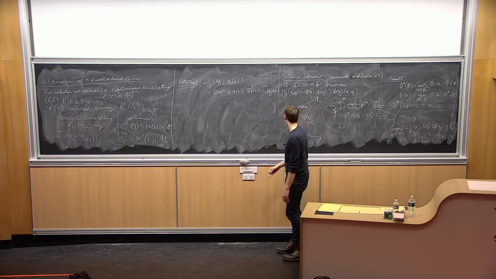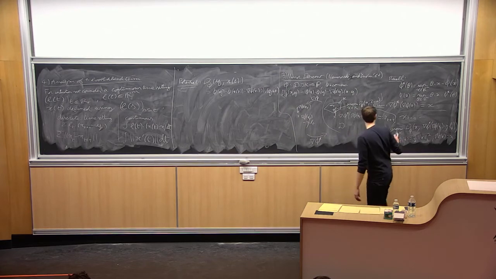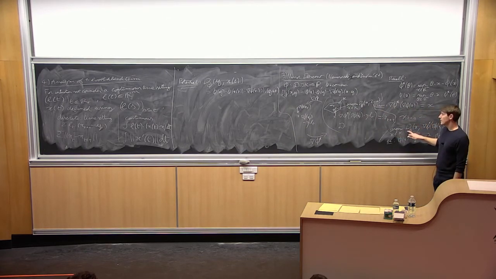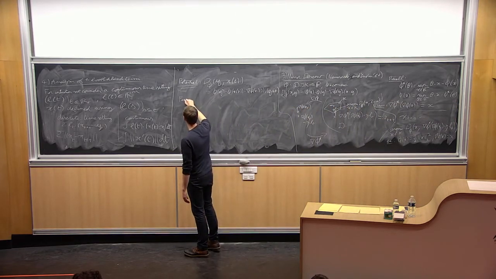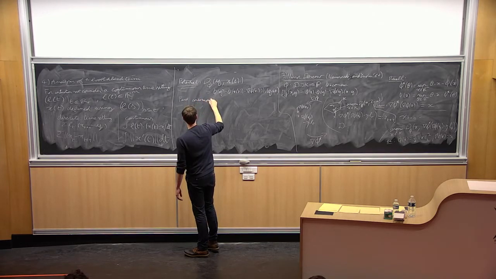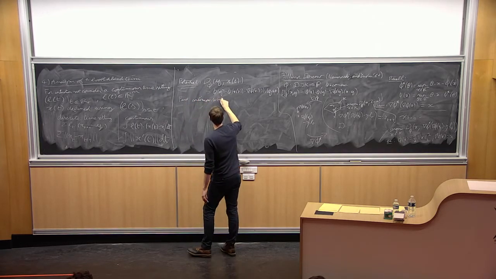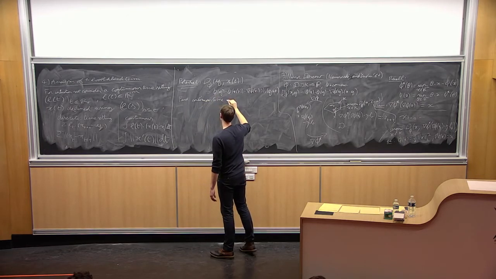But I forgot to say something before: I want to derive the continuous time version of mirror descent. So first, continuous time mirror descent. And what we're going to see is nice, hopefully.